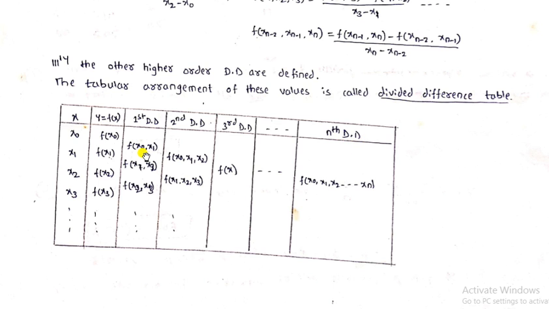We use f of x0 x1, f of x1 x2, f of x2 x3 as first divided differences; x0 x1 x2, x1 x2 x3 as second divided differences; and similarly the third divided difference is f of x0 x1 x2 x3 and so on.